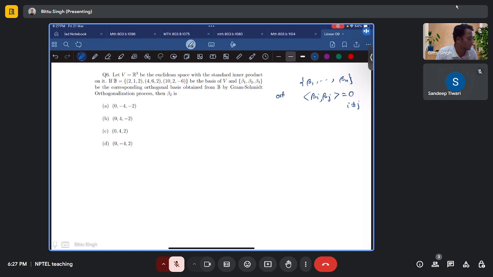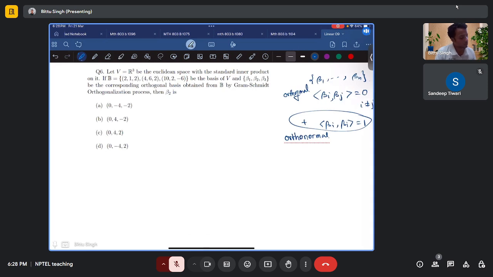This is the orthogonality condition. If in addition the inner product of beta i with beta i is 1, then orthogonal plus this condition, those are called an orthonormal basis. A basis satisfying those two conditions is called an orthonormal basis.